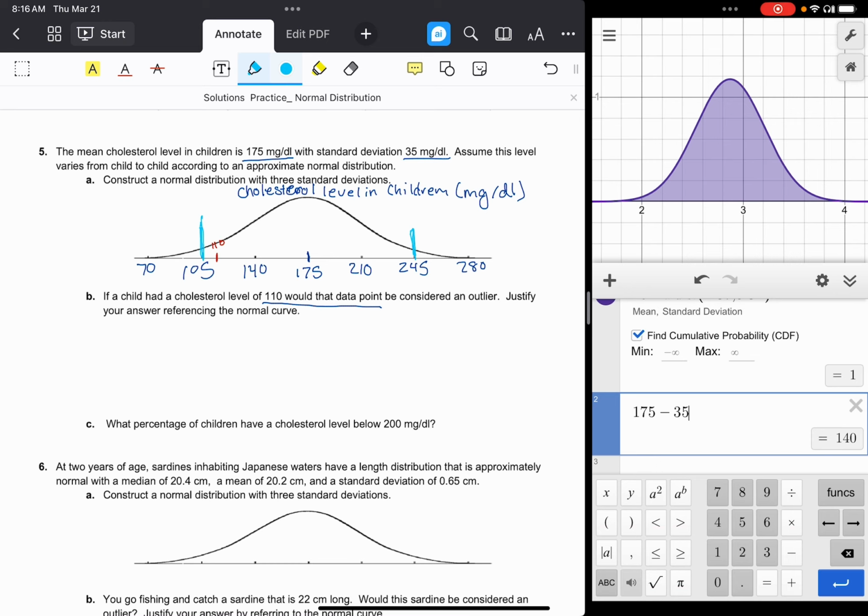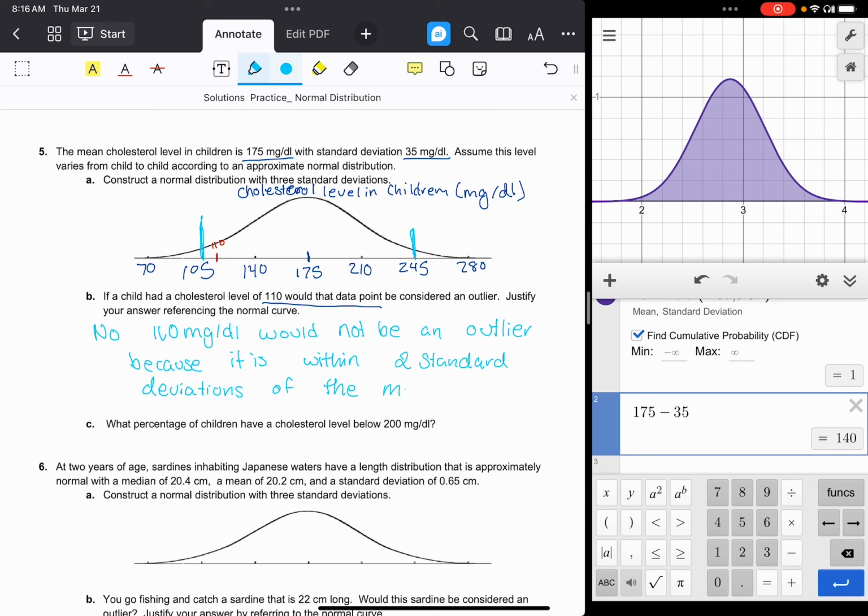So we would say, no, 110 would not be an outlier because it is within 2 standard deviations of the mean cholesterol level.